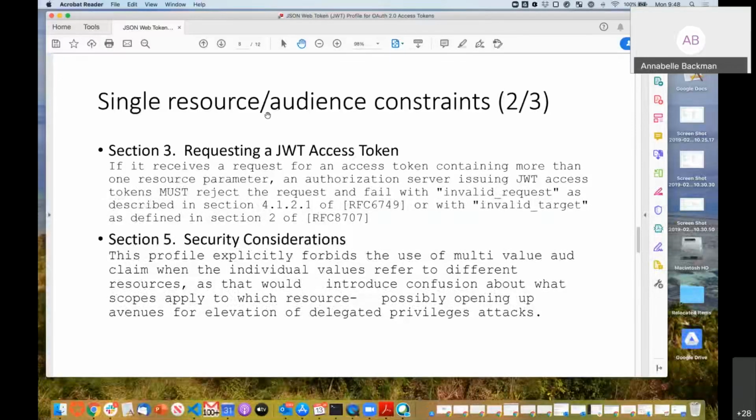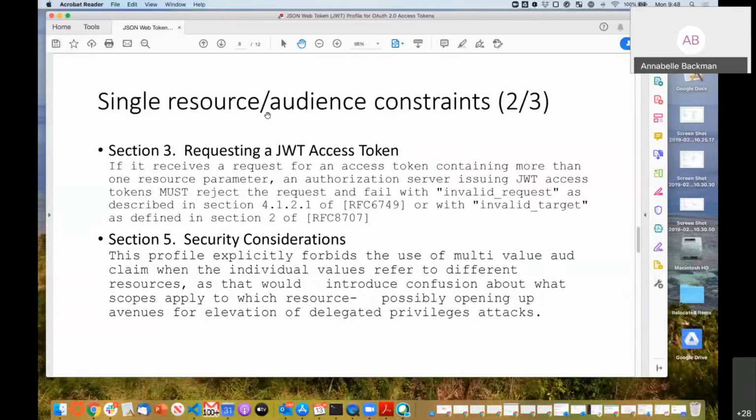I think there's a lot of different ways, and I listed some of them on the list. People can look at the mail archive for where you may have multiple resources and multiple scopes, or multiple resources and no scopes, et cetera. There are a lot of use cases where we should be able to use JOT access tokens. And we have to remember, as we look at examples out there in the wild, that if you're just looking at the people using JOT access tokens today, that's only a subset, right?